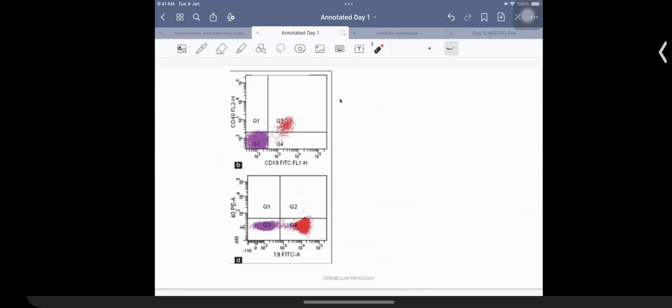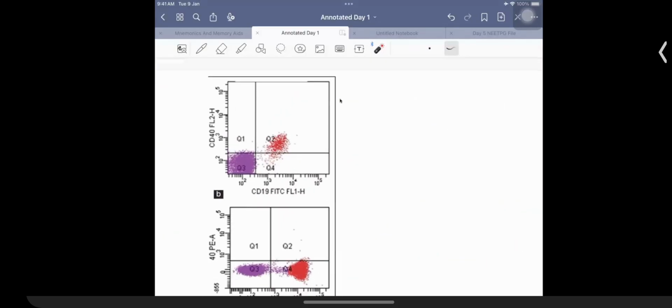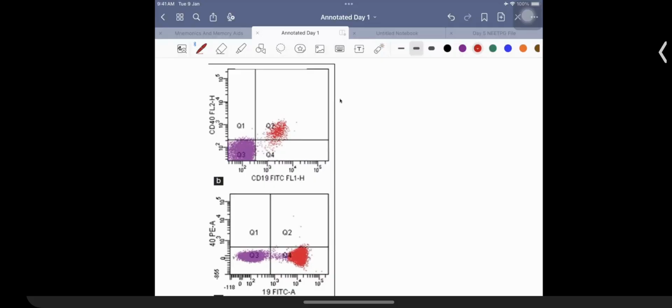ठीक, आगे बढ़ते हैं. This is an example which was given in the exam, which has been known to most of you. So normally we are going to be having the example of normal representation. Normal means these are the cells. They are CD40 and CD19 positive. 19 positive, 40 positive.